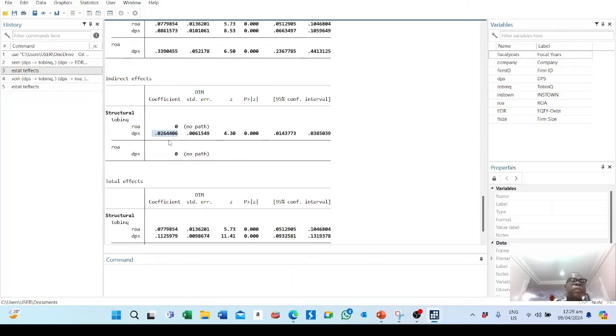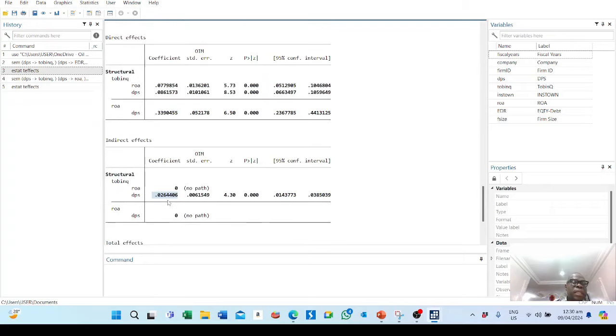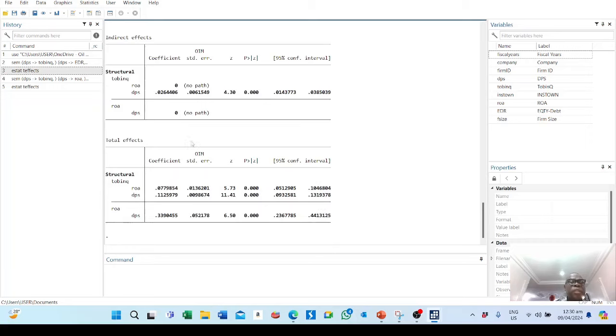If you add 0.0264, the indirect effect, to the direct effect, which is 0.0861573, the summation of those two will give us the total effect coefficient, which is 0.1125. Let me try and make that addition.